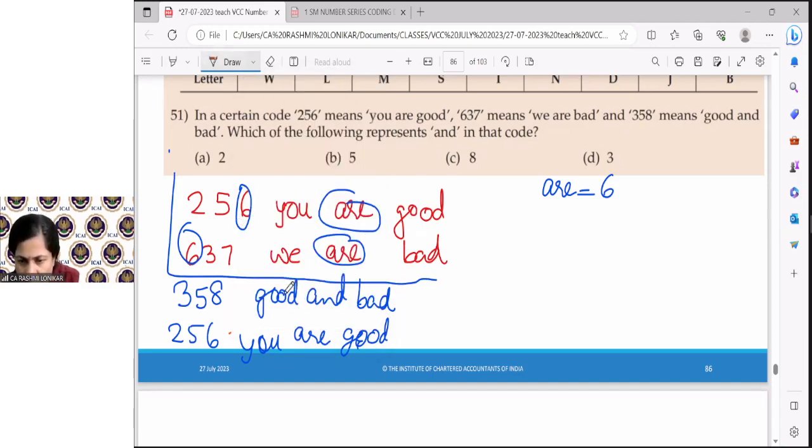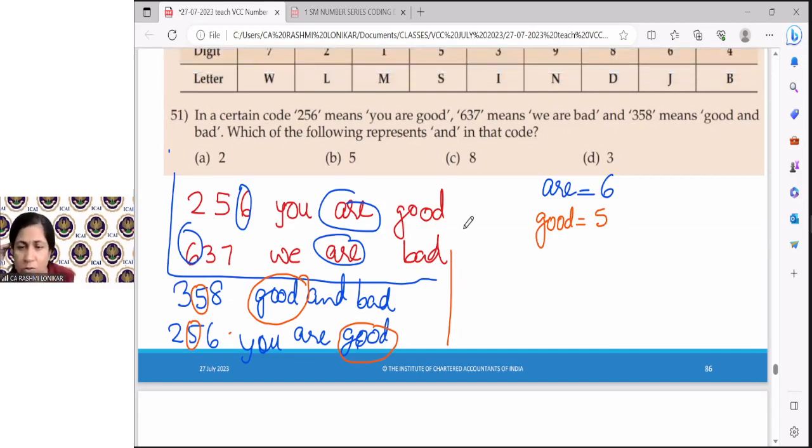What is the number for good? So what is a common number? 5. So good is written as 5. Even though what they've asked is and, I'm showing you whatever they may ask you, you should be able to solve it.